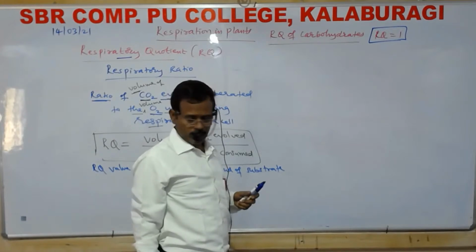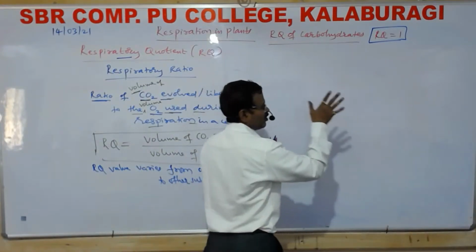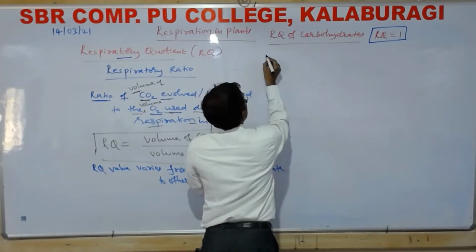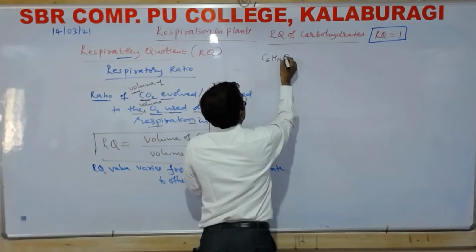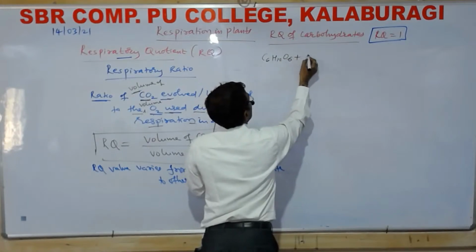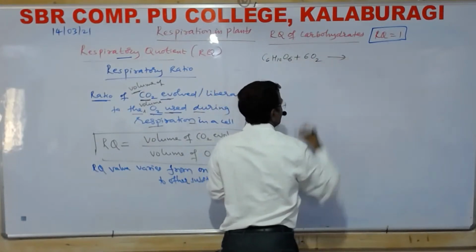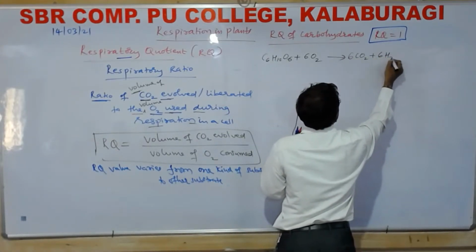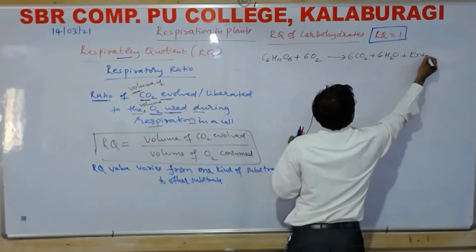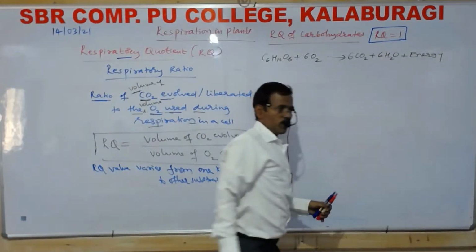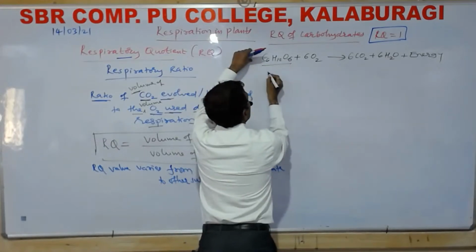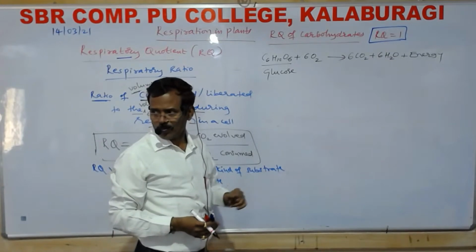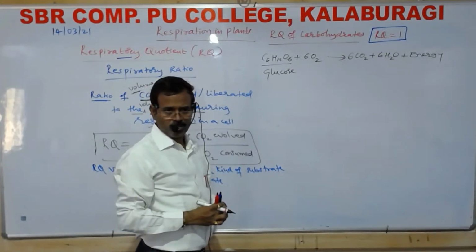First we'll discuss the aerobic conditions. Here C6H12O6 plus 6 oxygen, product side 6 carbon dioxide plus 6 water plus energy. This is the aerobic respiration reaction where glucose, a carbohydrate, is used as the respiratory substrate.